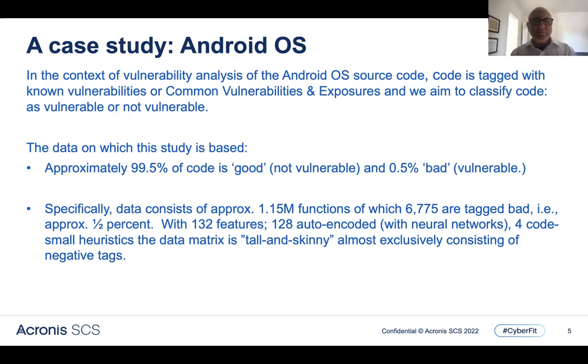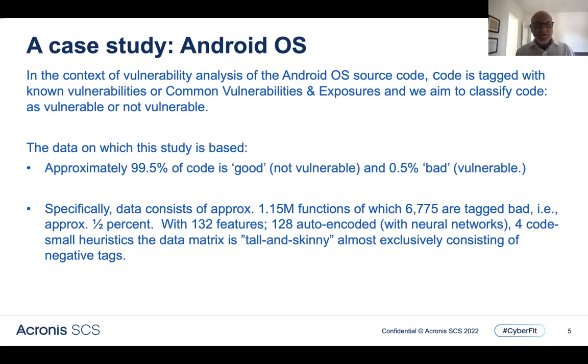The Android database consists of approximately 1.15 million functions, of which 6,775, actually precisely that number, are tagged as vulnerable. That is approximately 0.5% of the 1.15 million tagged as vulnerable.